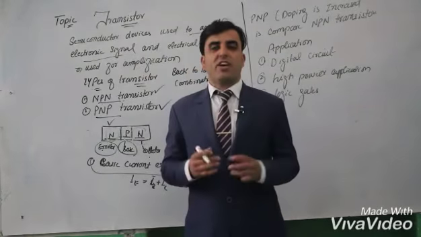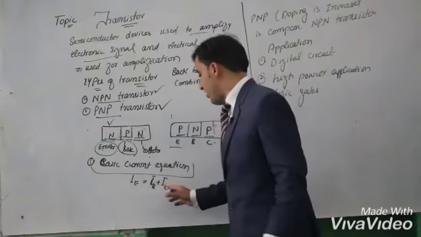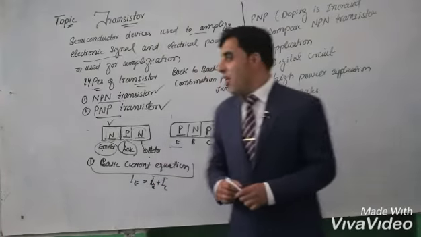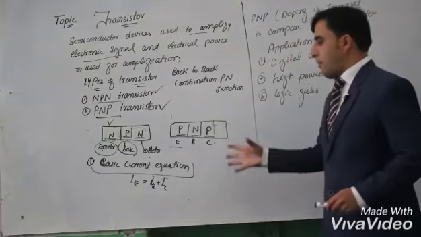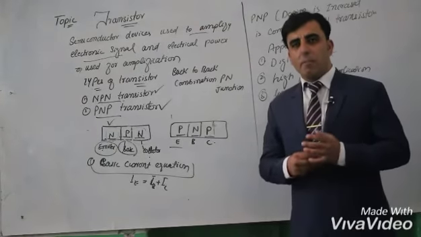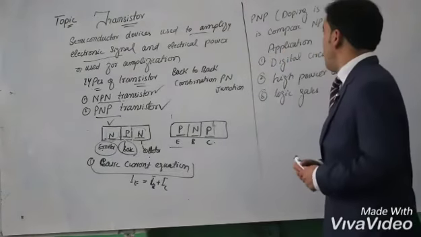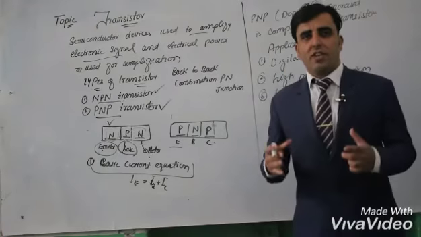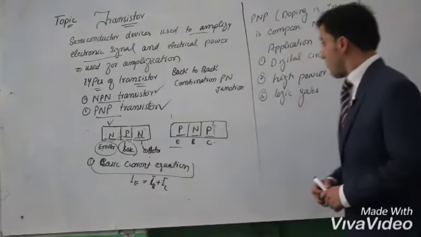The purpose of the basic current equation is to amplify, and in such a way IE is equal to IB plus IC. Gentlemen, the basic current equation is amplified for them, so PNP doping is increased compared to the NPN transistor, as we already know.